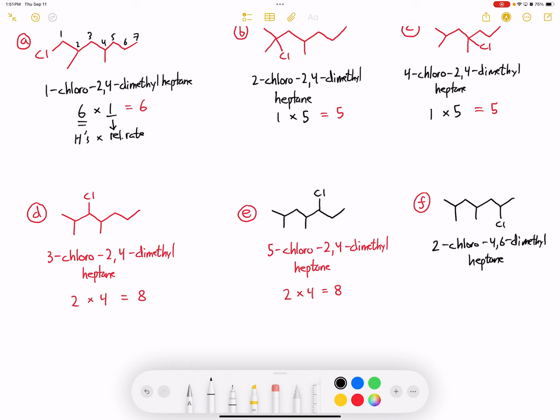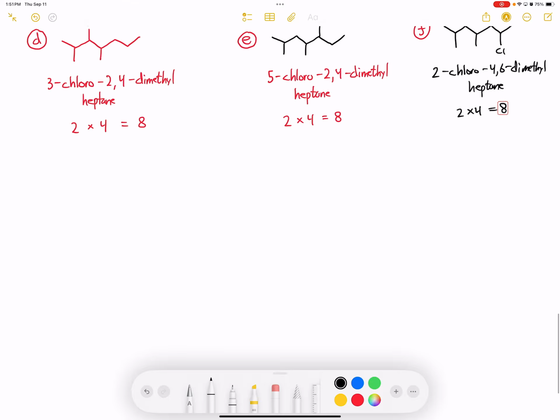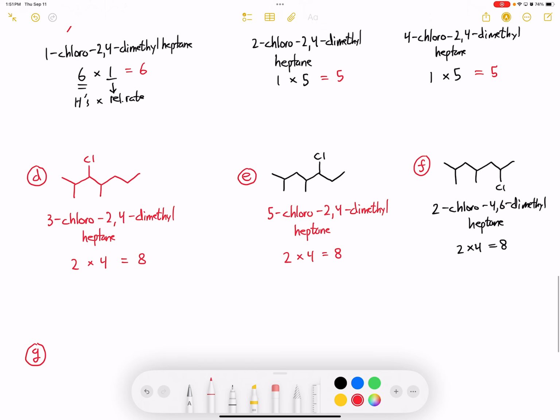All right, so what's the relative reactivity for F? Well, it's still a CH2 group, so it's the same as before. So 2 times 4 equals 8. All right, almost done, okay? 2 more. Letter G. All right, G, however, is so G and H are the 2 last methyl groups we saw.